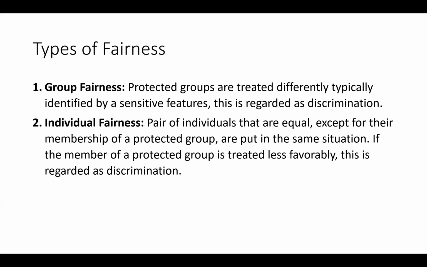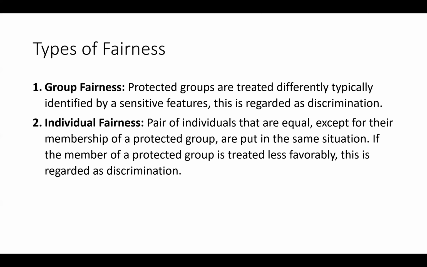Which means, for example, if we have exactly the same CVs, and we just change one single feature from CV1 to CV2, for example male to female, and we provide these two CVs to the model, it is going to say yes on one and no on the other, just because of the change in the gender group. So this is how to test if the model has individual fairness or not.